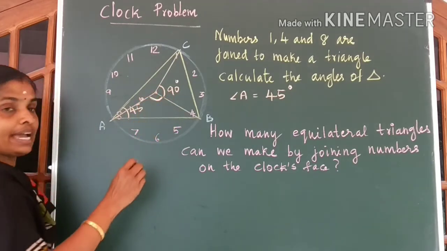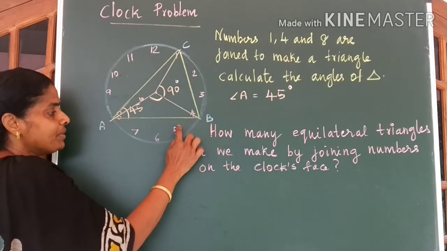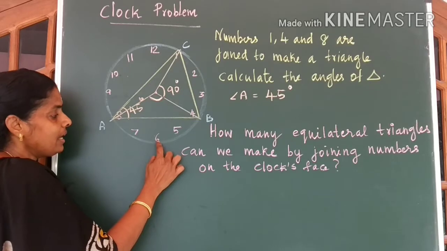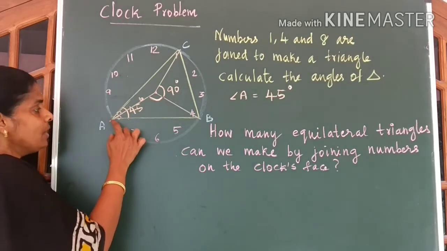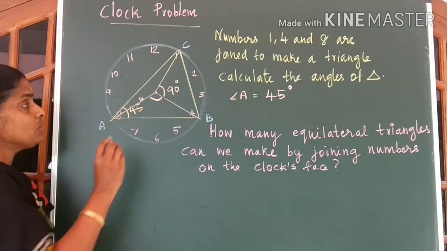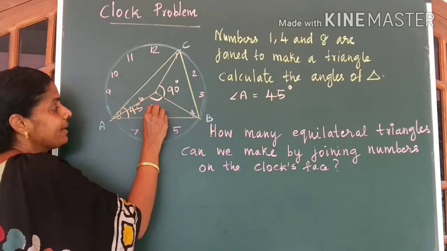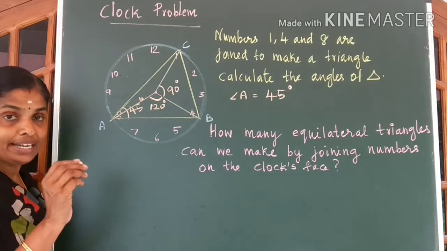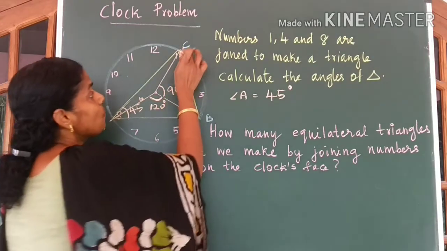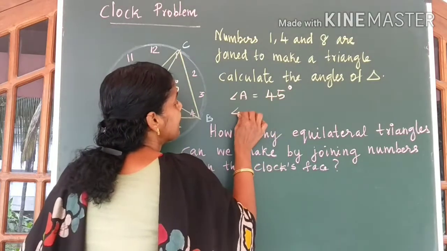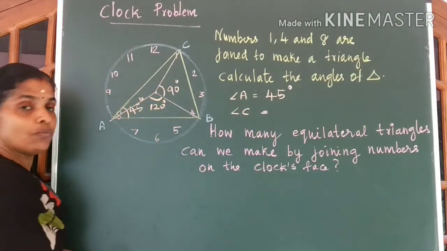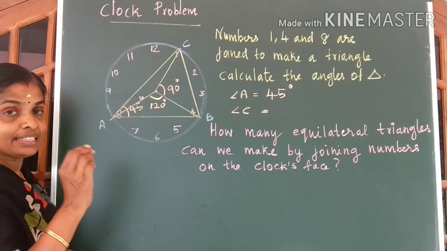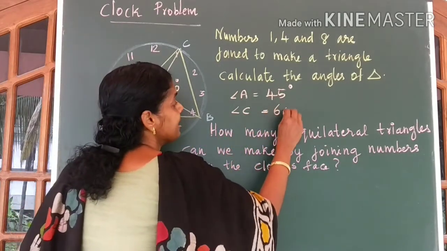To find this angle, from here to here, 30 degrees, 60 degrees, 90 degrees, 120 degrees. So the central angle formed here is equal to 120 degrees. So what can you say about angle C? Angle C would be half of 120 degrees, that is equal to 60 degrees.